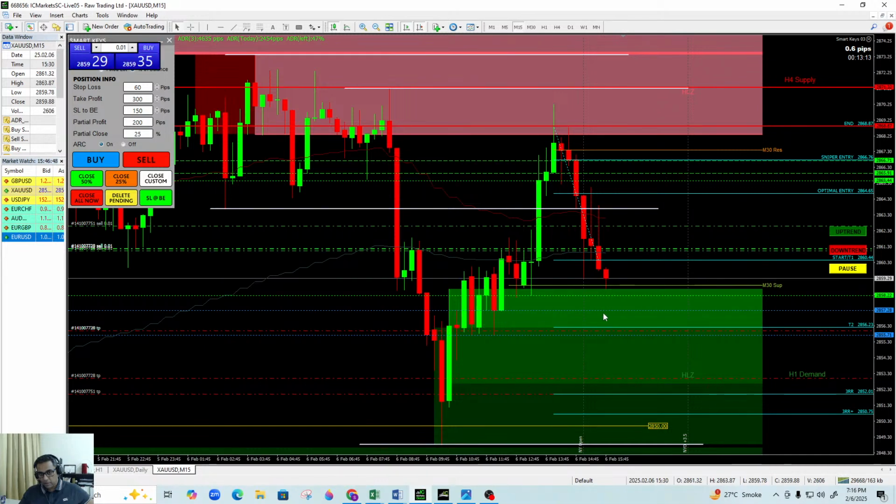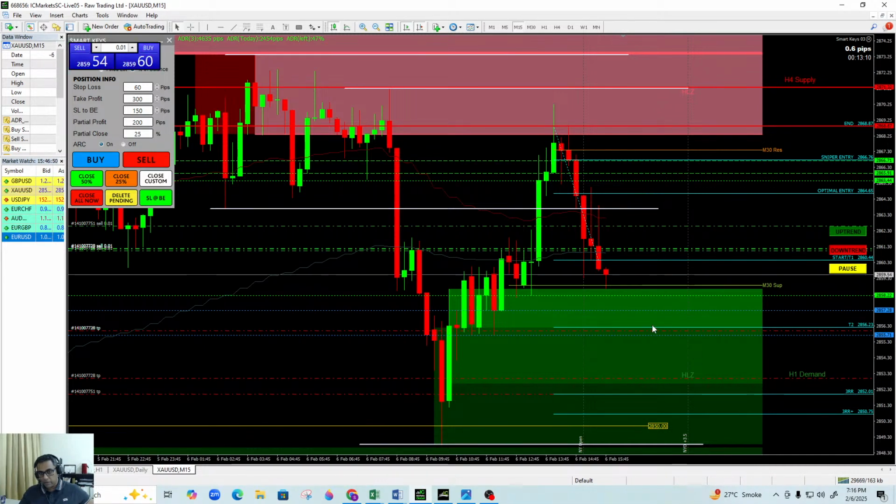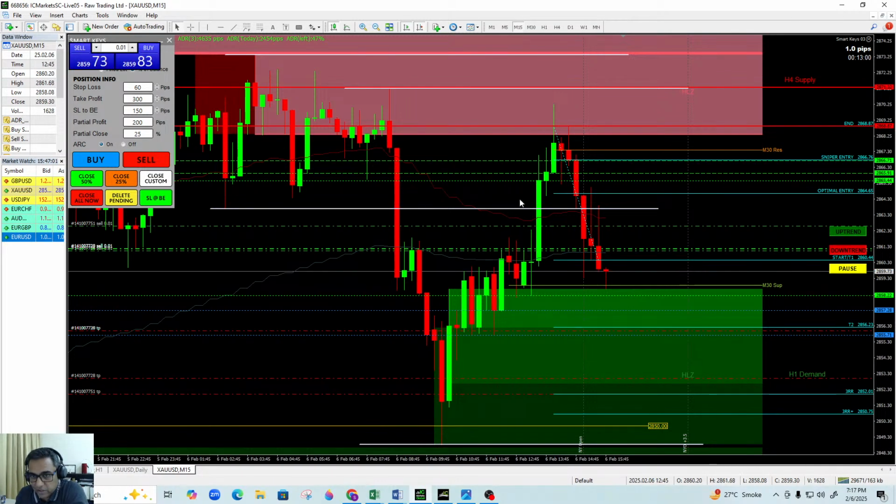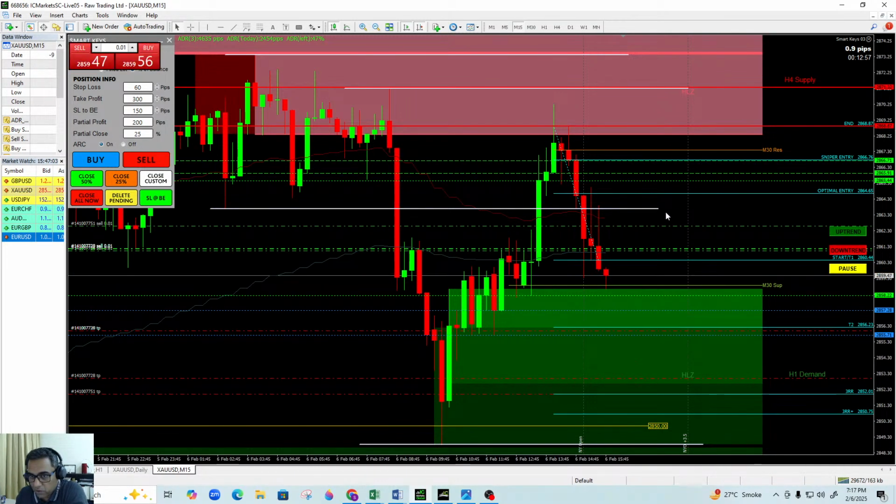So we might come here and get a pullback and then push back up again. Again, I'm going to follow the same logic that I follow every day, right? Price action based logic. If I see a 30-minute candle close above this Asian high, I'll manage risk.